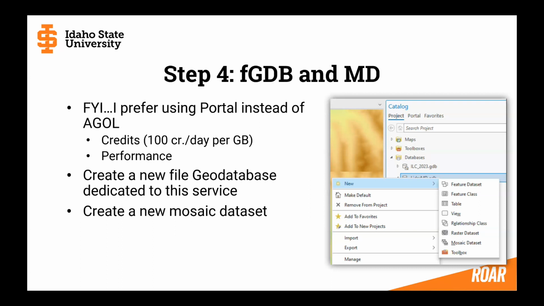So I just launched a brand new ArcGIS Pro project. I created a new file geodatabase right over here, and within that file geodatabase, I created a new Mosaic dataset.